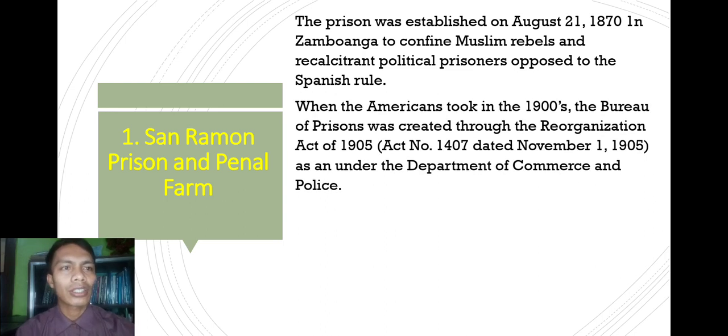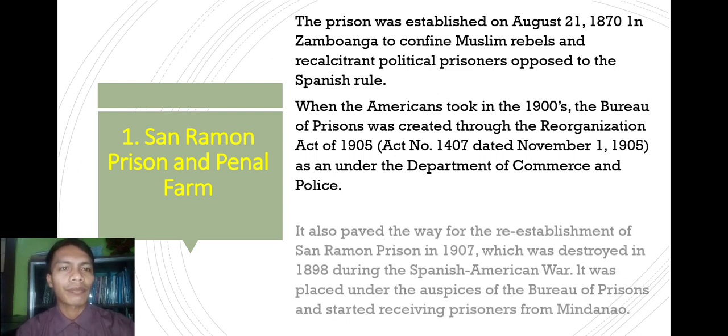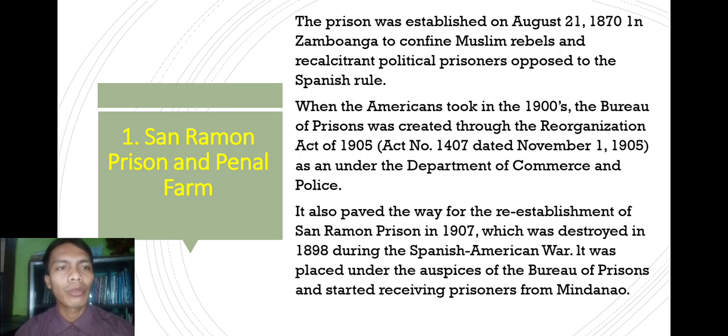And when the Americans came in the 1900s, the Bureau of Prisons was created through the Reorganization Act of 1905, Act number 1407, dated November 1, 1905, under the Department of Commerce and Police. It also paved the way for the re-establishment of San Ramon Prison in 1907, which was destroyed in 1898 during the Spanish-American War.